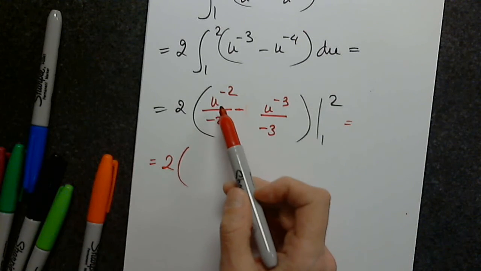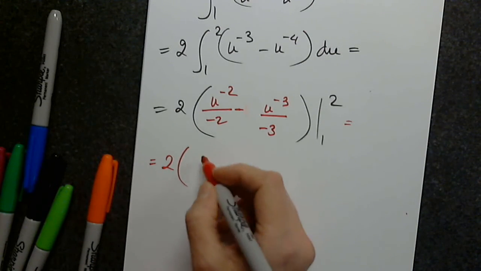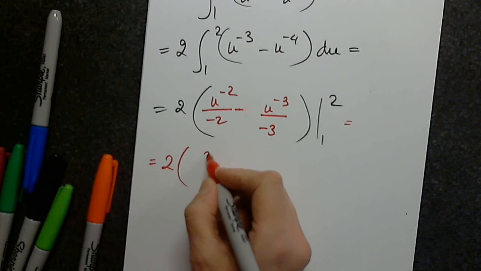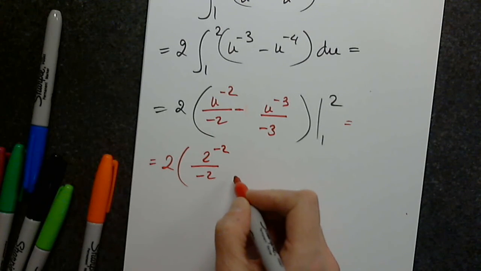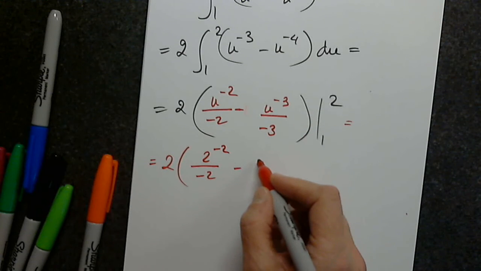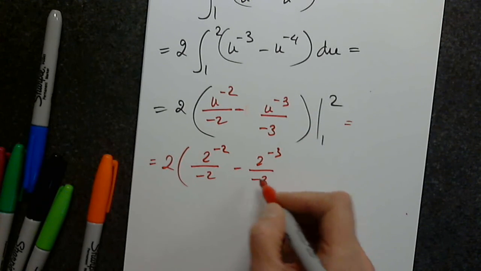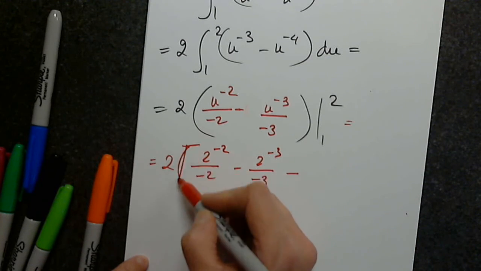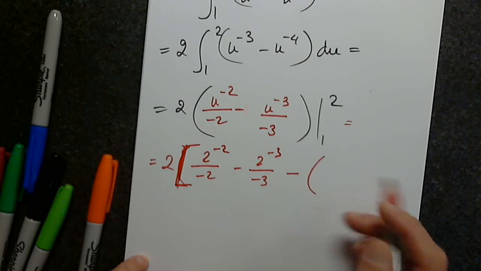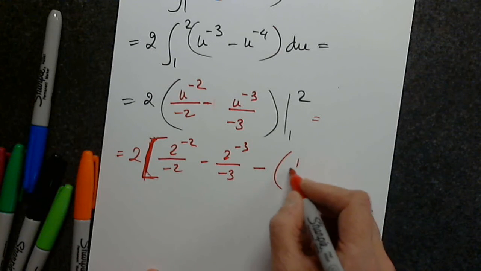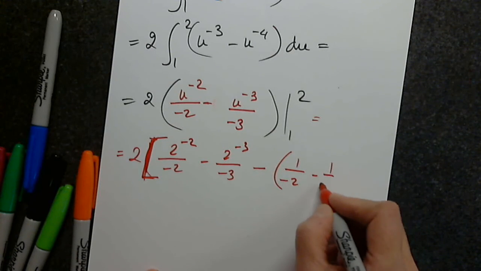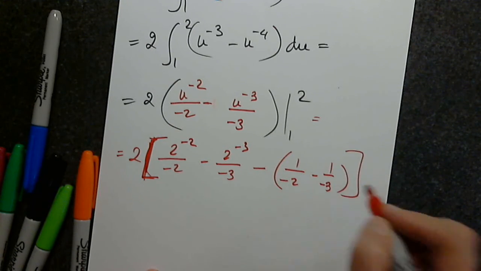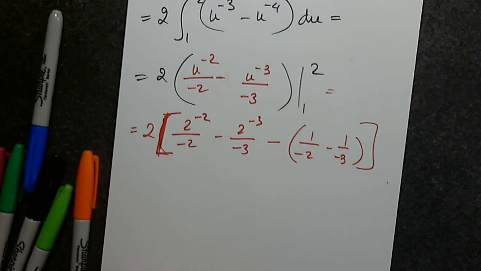So when I plug in 2, I get 2 to negative 2 over negative 2, minus, when I plug in 2, 2 to negative 3 over negative 3. This is really ugly. Minus, in brackets, when I plug in 1, 1 over negative 2 minus 1 over negative 3. Awful.